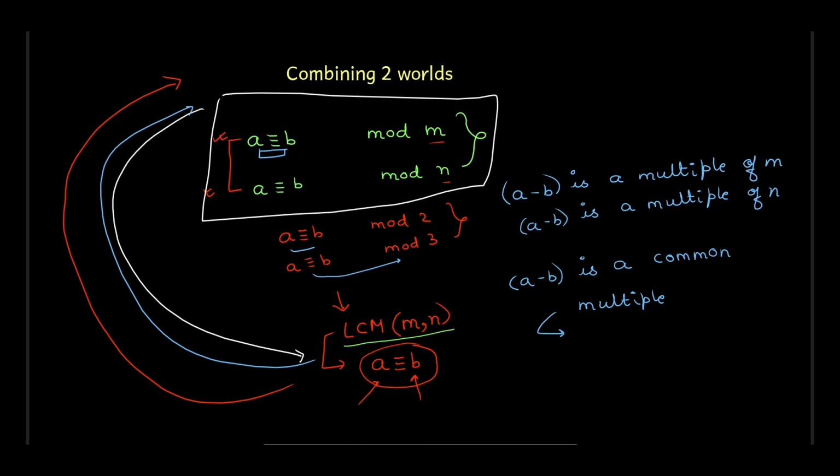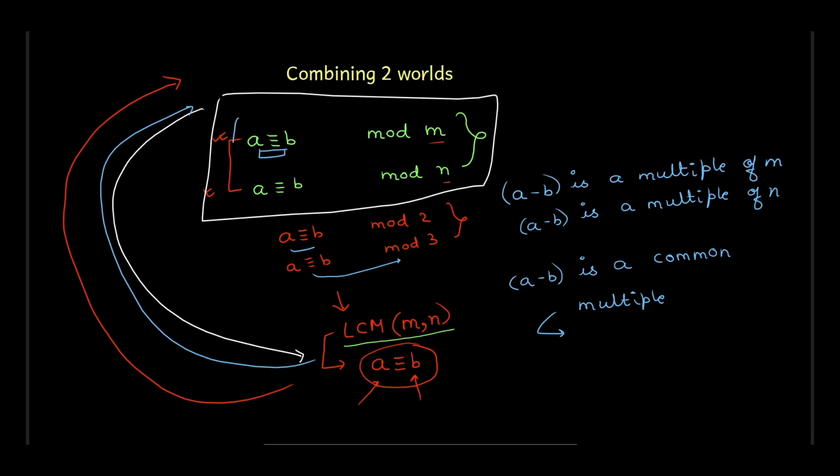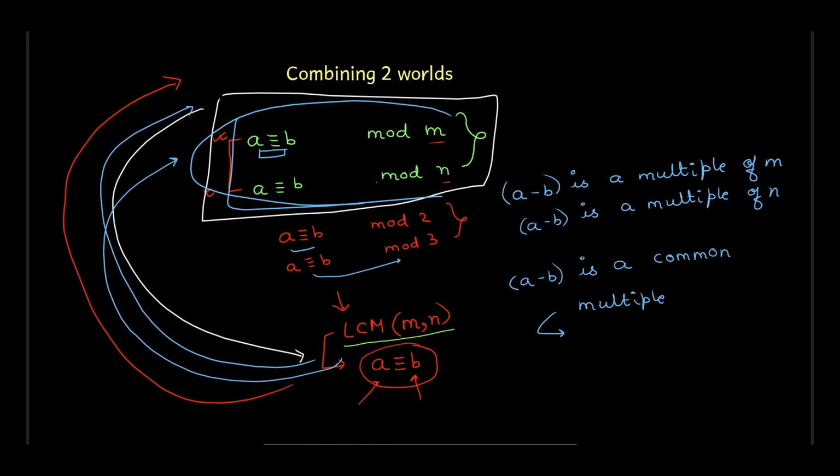So how does this help us? If I tell you these two equations, you can infer this. But if I tell you this, you can infer this as well. So this means that in competitive programming problems, you are always looking for ways to encode some information so that you don't have to iterate over them again and again.